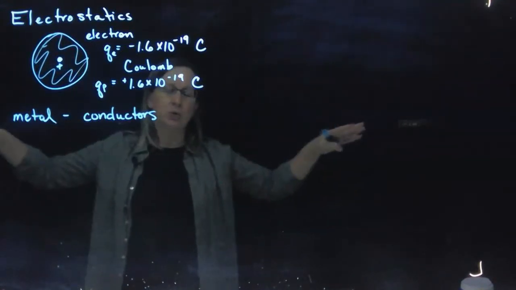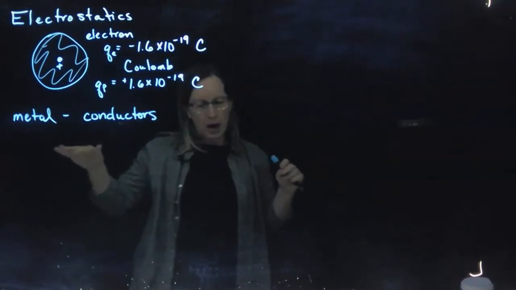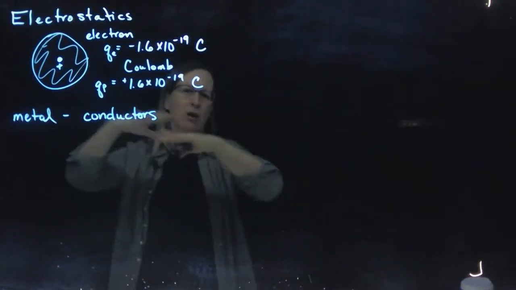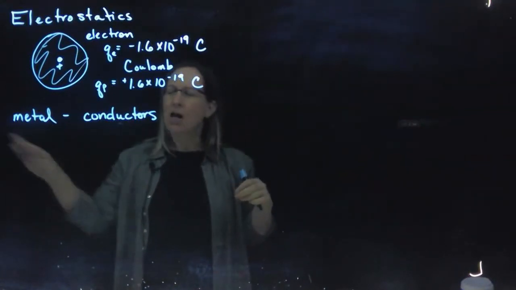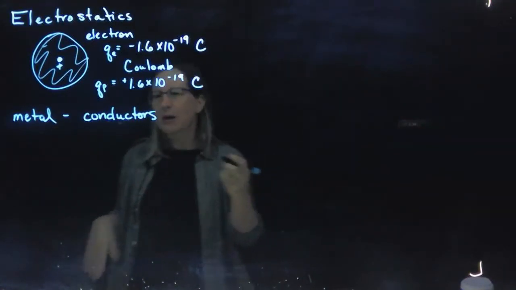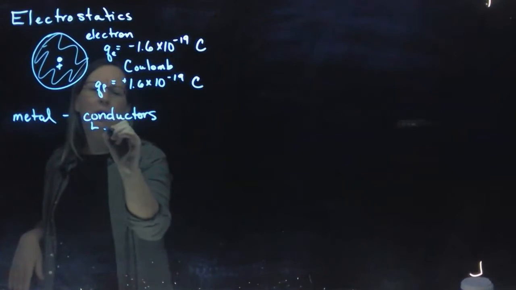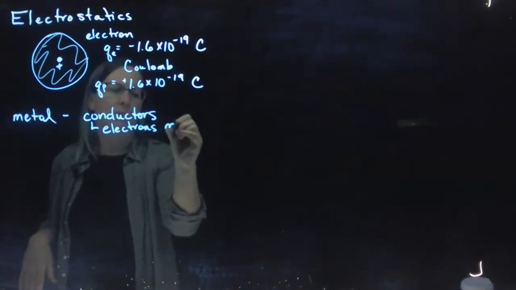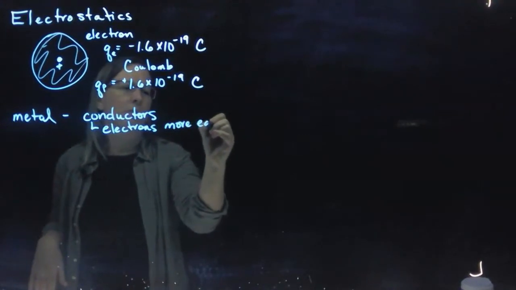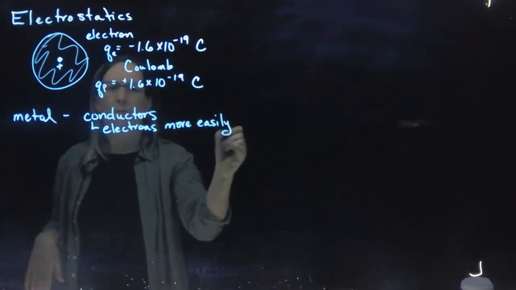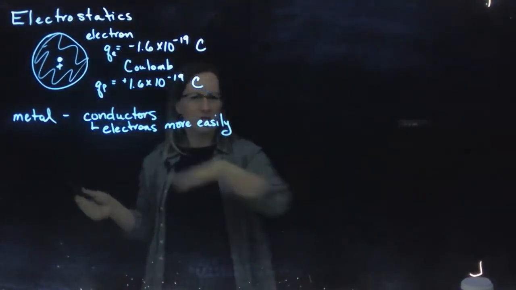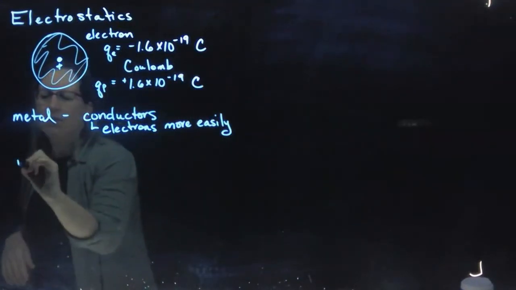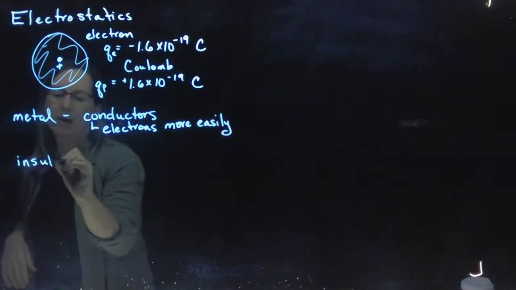Once they get into a solid, there are outer shell electrons that can really move. They're sort of shared over the whole material. And so conductors, metal conductors, are things where electrons can move easily. You can think of there being some free electrons that can just slosh from one end of the metal to another.